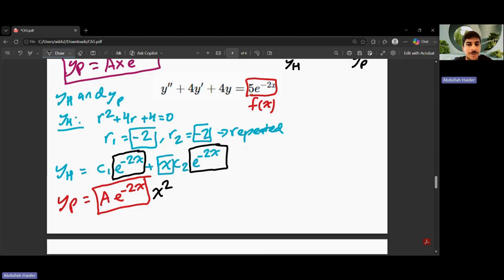Because you cannot have a dependent solution. You cannot have the same exponentials in f of x and yh. So since this is appearing twice, you multiply this by x squared. So your yp becomes ax squared e power negative 2x.